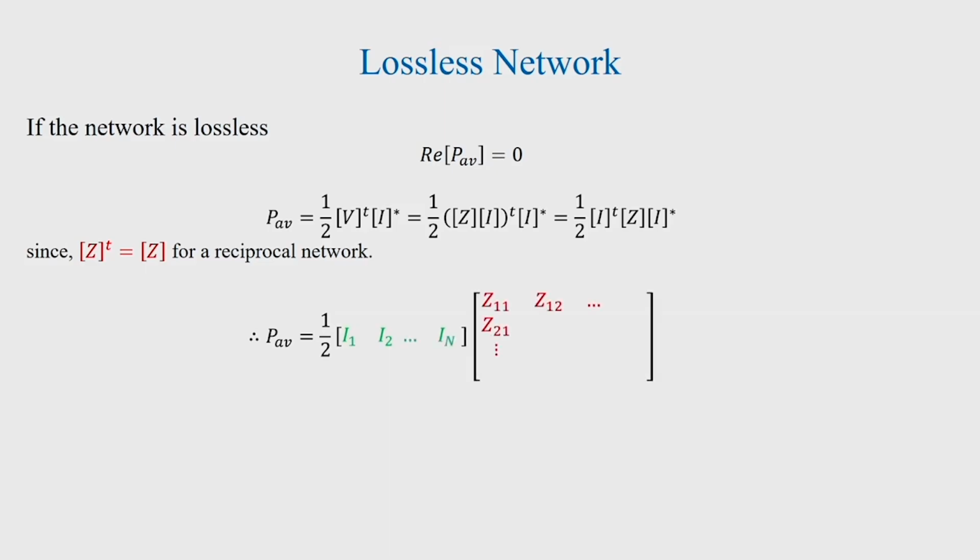Now, this can be expanded as shown. We have I transpose as a row vector, then the Z matrix, and I conjugate as the column vector.